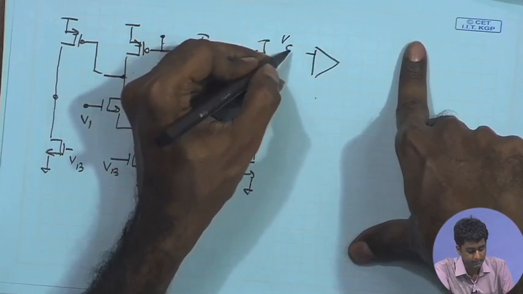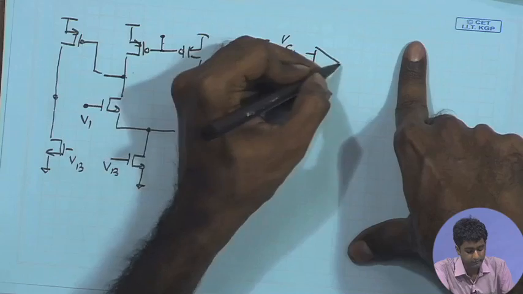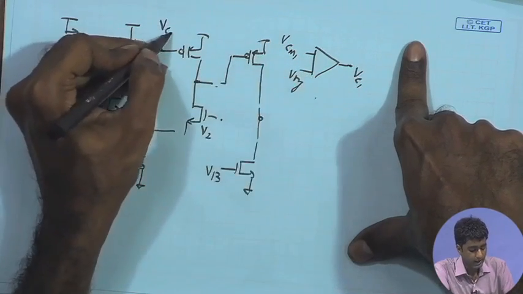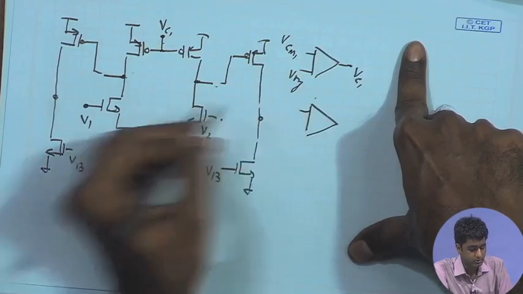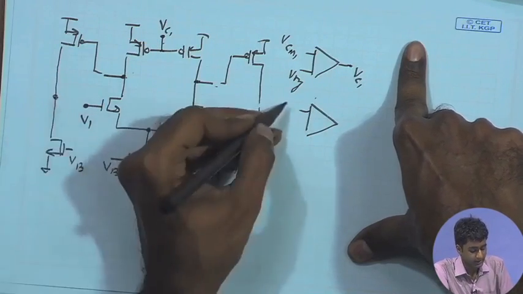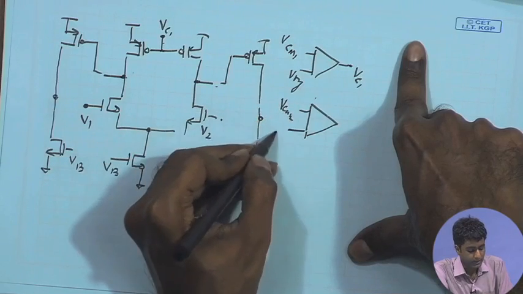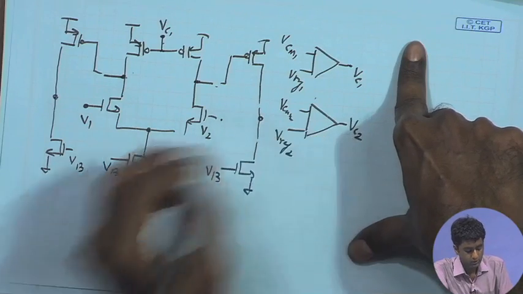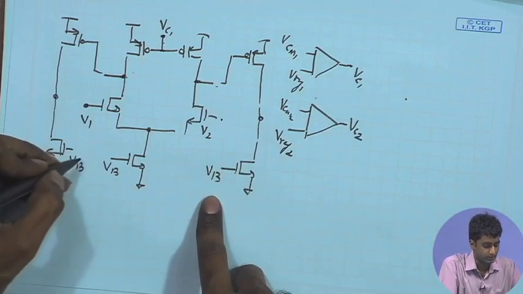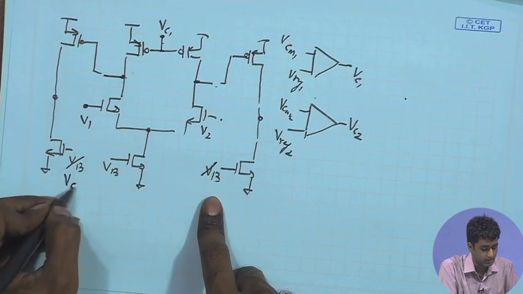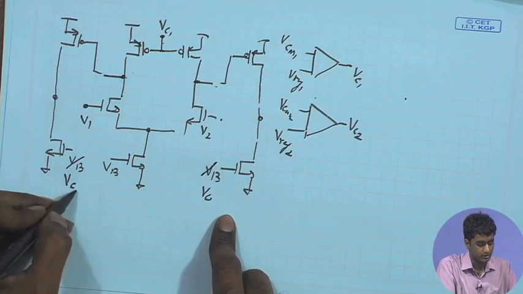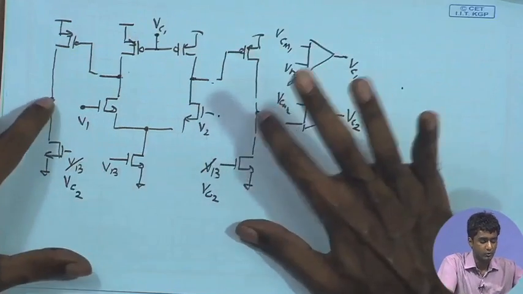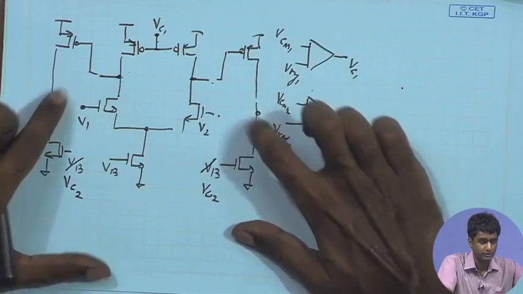So, I will say VCM of the first stage compared with Vref, and then provide the control signal VC1, and then use another one to get the VCM of the second stage, call it VCM2, and the Vref can be different, Vref2, and provide another control voltage VC2 to control the gate voltages over here. So, rather than fixing them, you apply another gate voltage VC2, which is coming from the error amplifier.